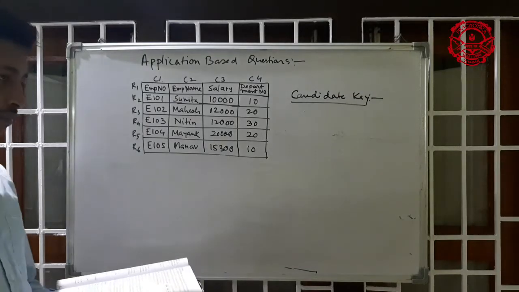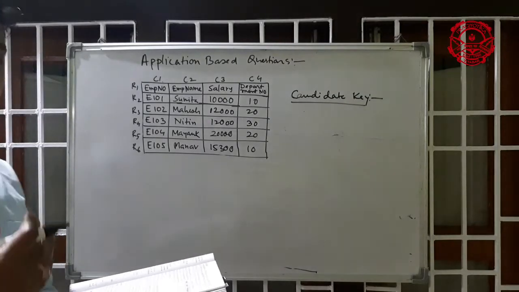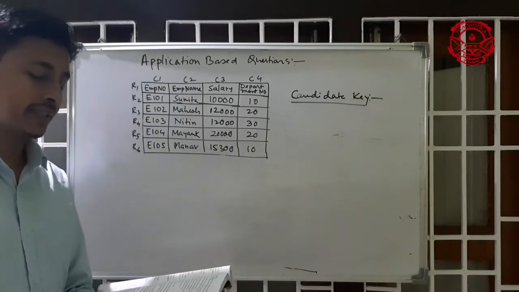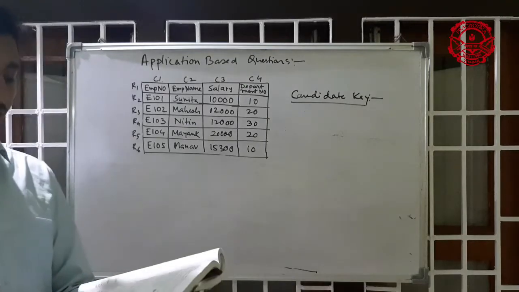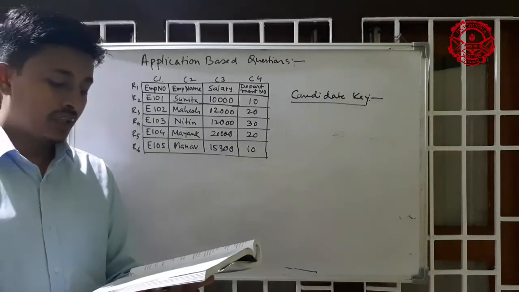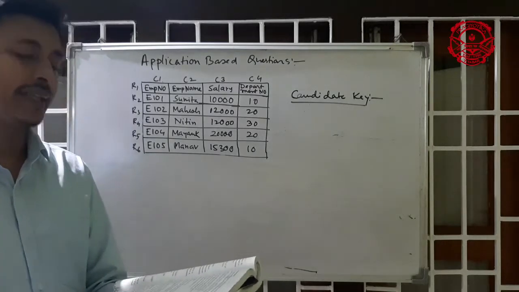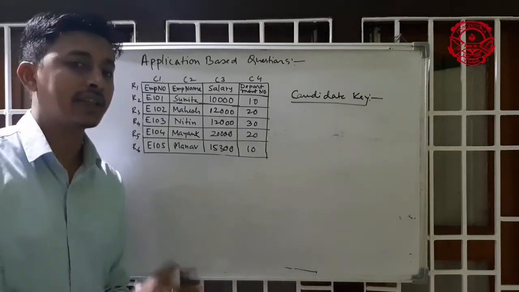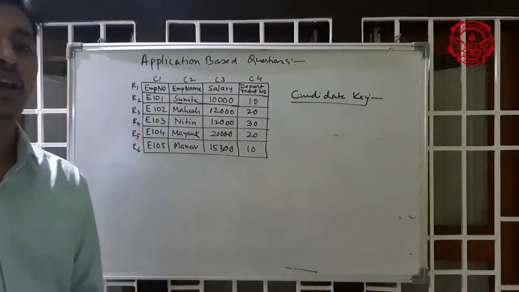Means some fields are unique or some fields you can take as a primary key. So these fields are called candidate keys.